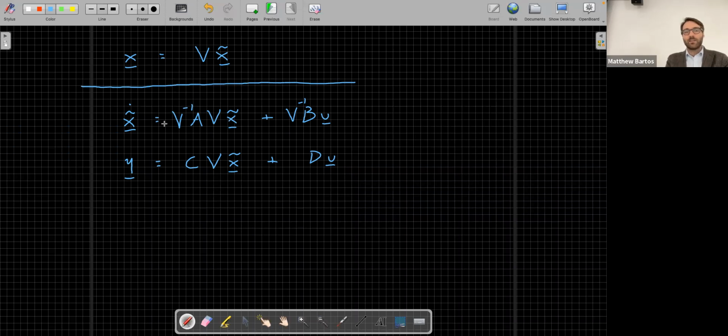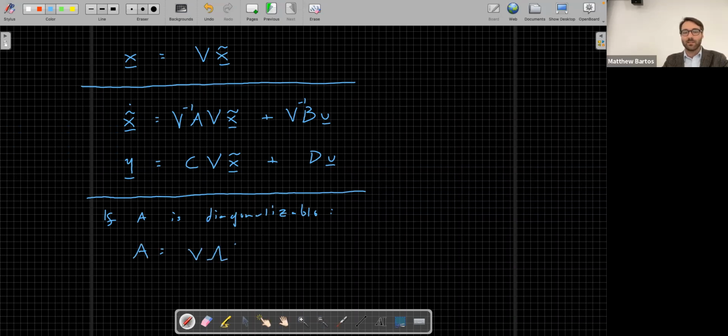Okay, so what about this term here? Does this look familiar to anything we looked at before? Yes, it looks familiar to our definition of diagonalization. If A is diagonalizable, we have that A is equal to V lambda V inverse.